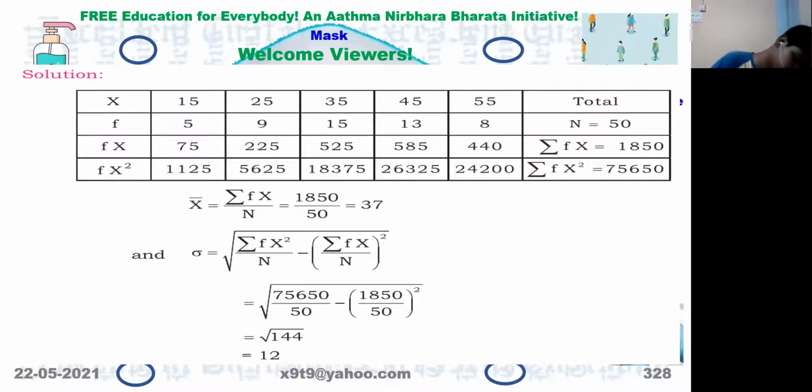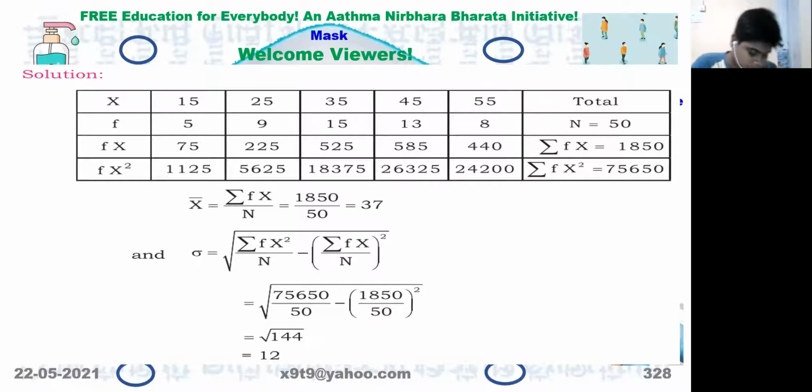Below that, frequency F. Towards the right, you write these values: 10 to 20, 20 to 30, 30 to 40, 40 to 50, 50 to 60. Below that, you write the frequencies: 5, 9, 15, 13 and 8.